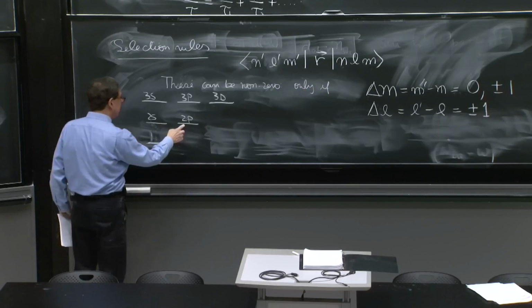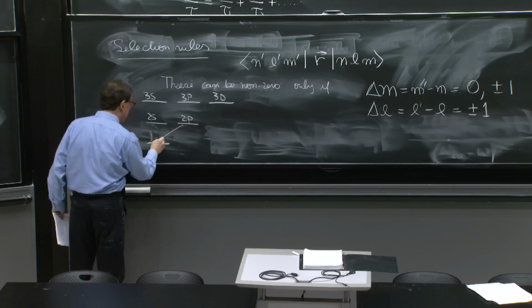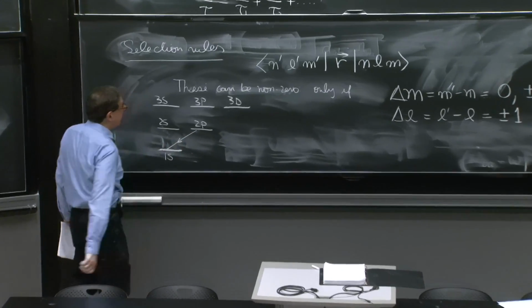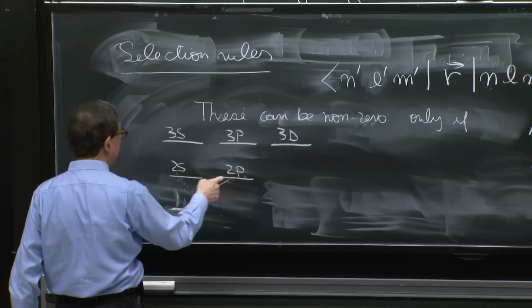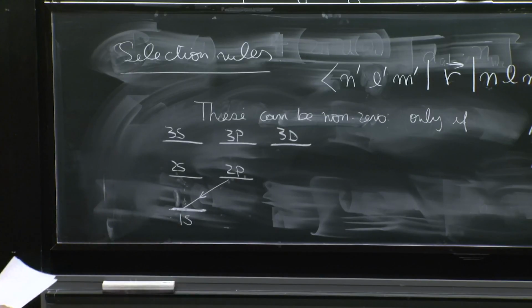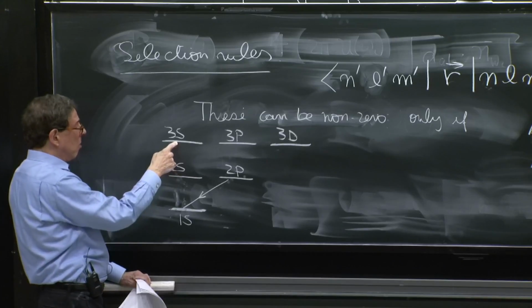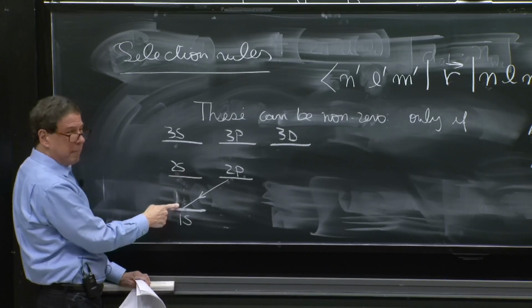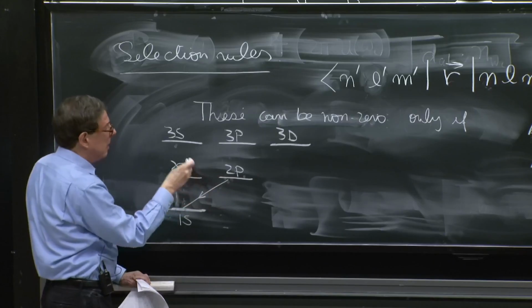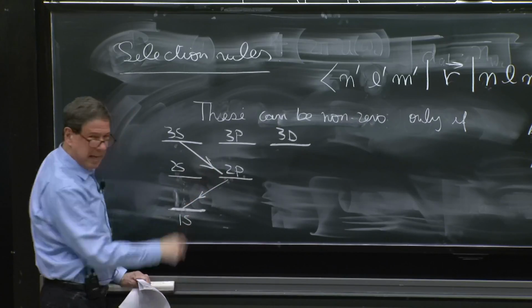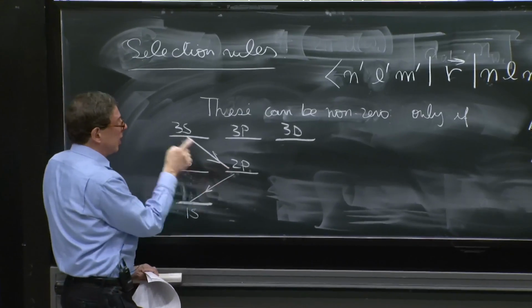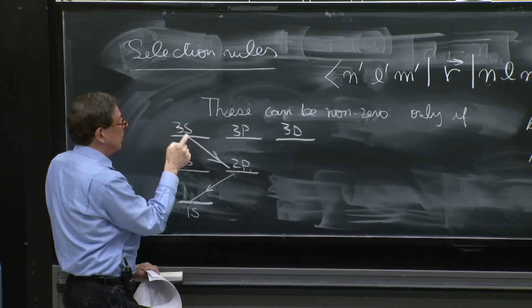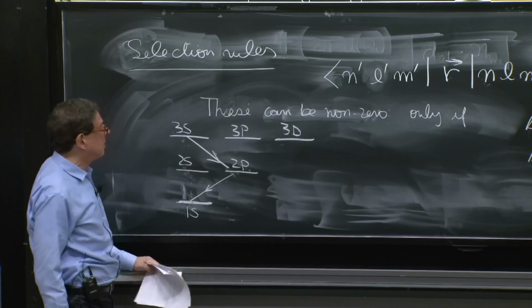Now this one, 2p, can go here, because it can go from L equal 1 to L equal 0, and it can change m by some value. The 3s, you would say, oh, it cannot go here, but it can go laterally in that direction. Because it can change L from 1 to 0, so there's a change of L, and that is possible.